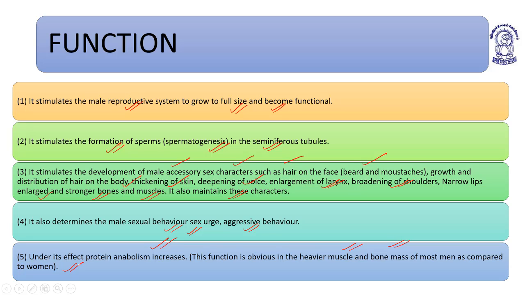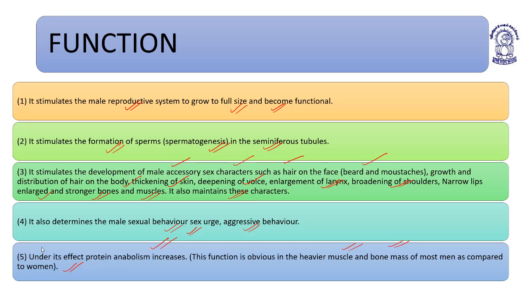So it stimulates the male reproductive system to grow to its full size and become functional. It stimulates the formation of sperm, that is spermatogenesis, in the seminiferous tubules. It stimulates the development of male accessory or secondary sexual characteristics such as hair on face, like beard and mustaches. It helps in the growth and distribution of hair on the body, thickening of skin, deepening of voice, enlargement of larynx, broadening of shoulders, narrowing of lips, and stronger bones and muscles.